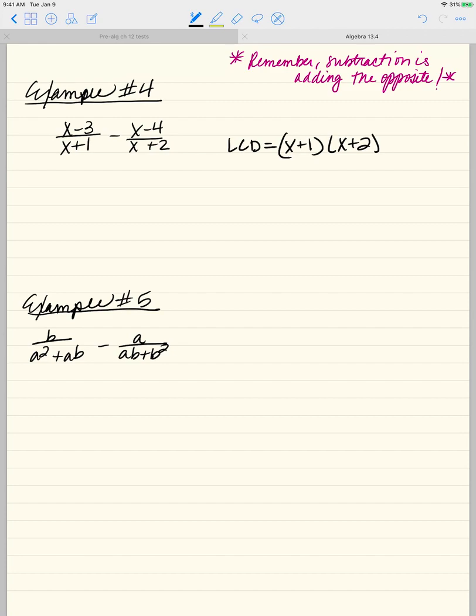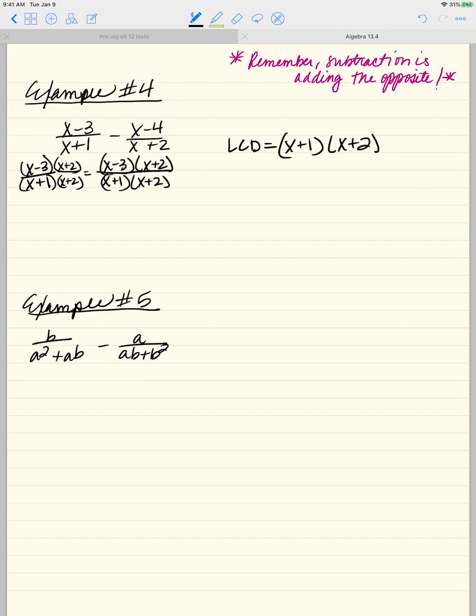So we're going to end up converting x minus 3 over x plus 1 to x plus 1 over x plus 2. So what did I multiply x plus 1 by to get to x plus 1 times x plus 2? Well, obviously I multiplied by x plus 2. So multiply both the numerator and the denominator by that. So that's just going to be x minus 3 times x plus 2.